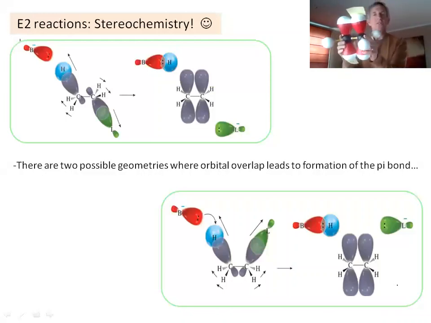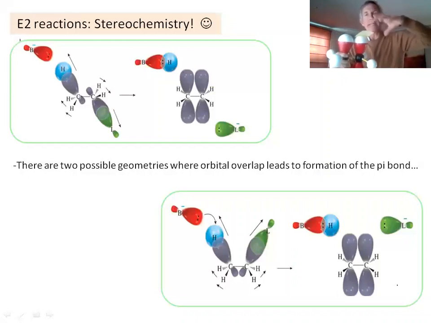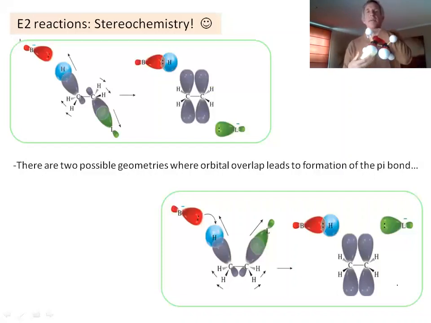If I have it in this orientation, then a strong base can come along as B minus and start taking off this proton on the beta carbon. And the pair of electrons here would then fold in and make a nice double bond. But that means you'd have to lose your leaving group. It would have to pop off as well. Okay? And this is one way.